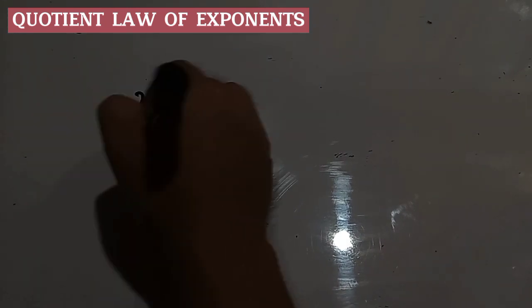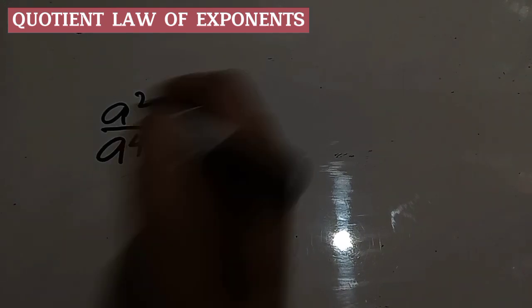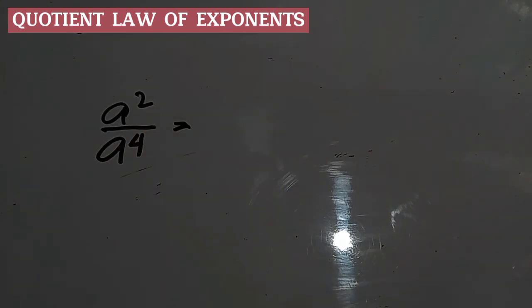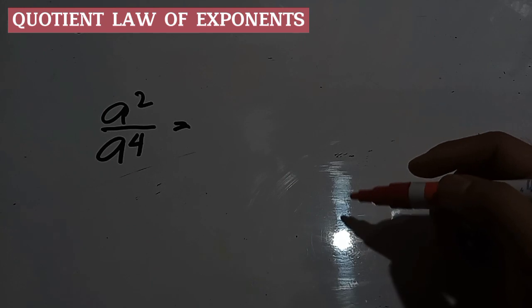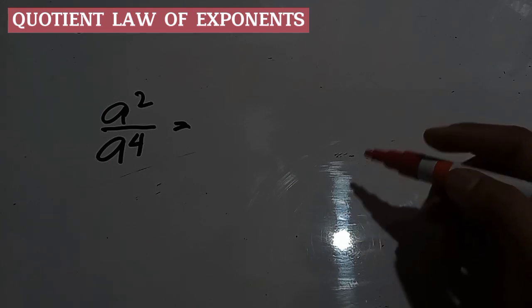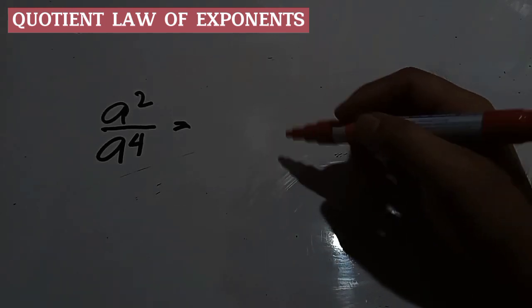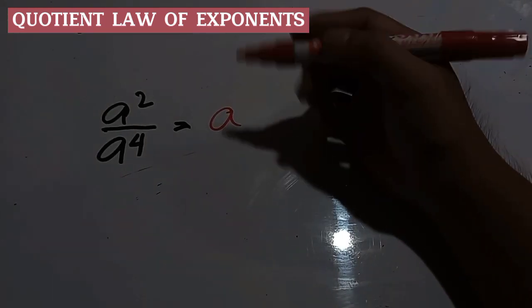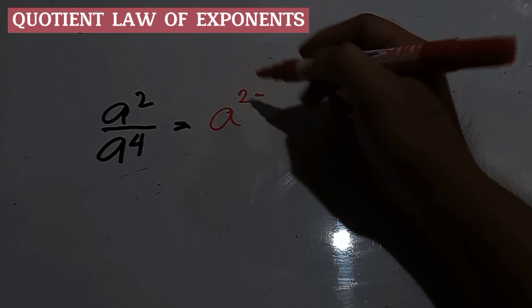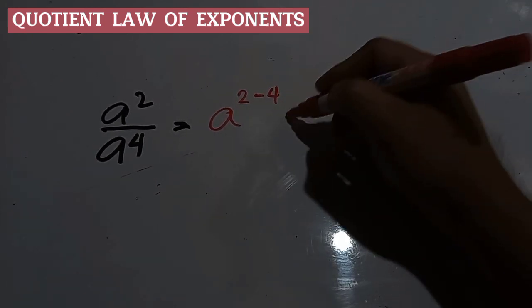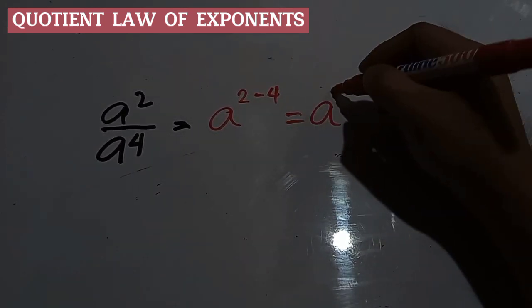So, how about this one? A squared over a to the power 4. Ayan. So, as you can see, ang ating n is greater than sa ating m. So, ano ang dapat natin gawin? Same pa rin ang ating gagamitin. Kopyahin natin yung base at saka i-subtract natin yung exponents, 2 minus 4, that is negative 2.